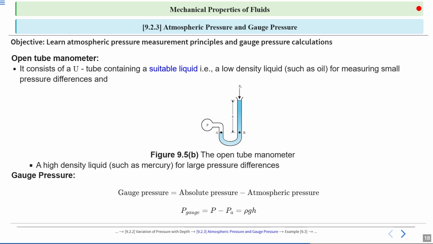So we can express gauge pressure mathematically: P gauge = P − PA = ρgh. Here P is the absolute pressure, PA is the atmospheric pressure, ρ is the density of the liquid, g is the acceleration due to gravity, and h is the height of the liquid column. This formula helps us calculate the gauge pressure.